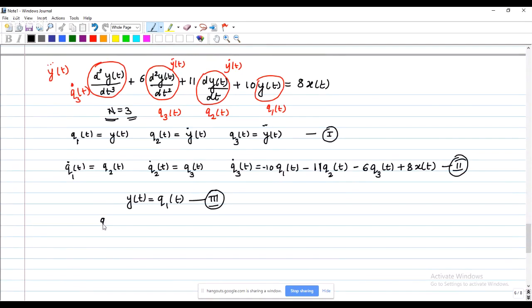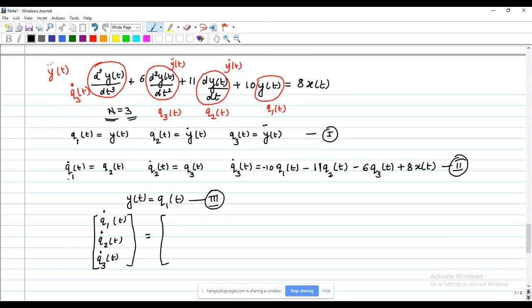So on the left side we have q1 dot (t), q2 dot (t) and q3 dot (t). This is the left side of the equations. It is equal to a 3 by 3 matrix.